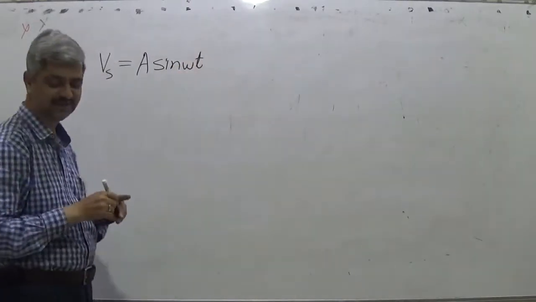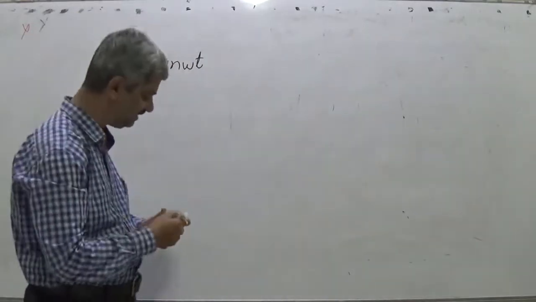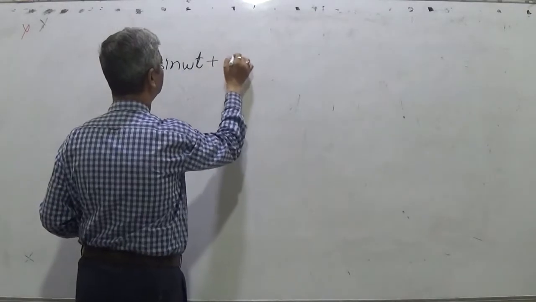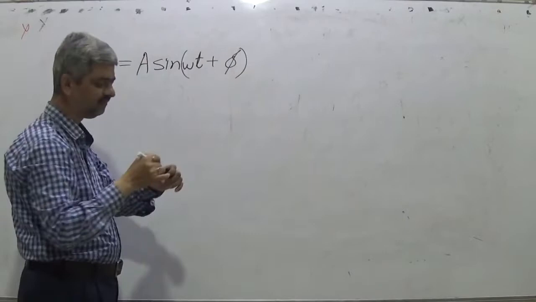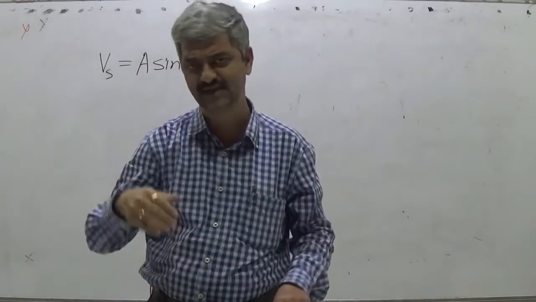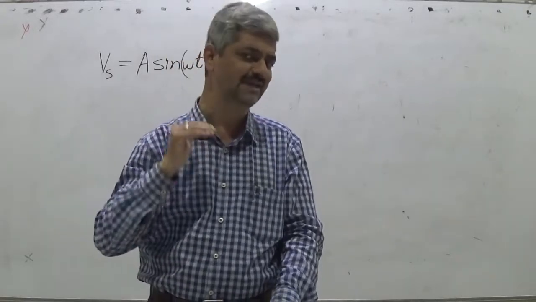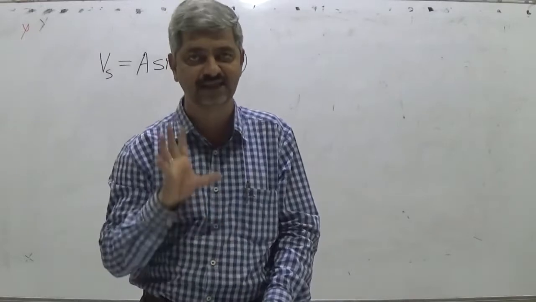In general we can also add phi, or you can start with phi equal to 0. So A sin(omega t plus phi) is a general sinusoidal signal.